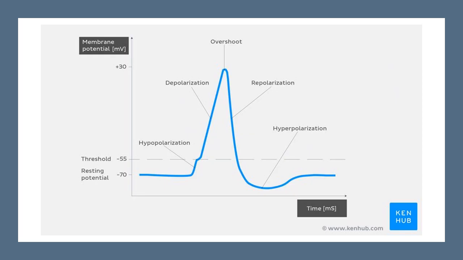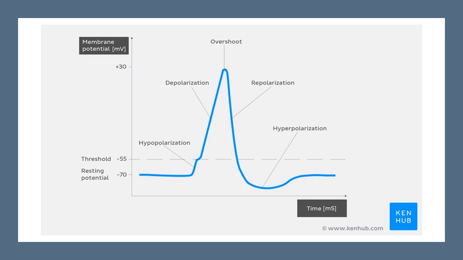We can see in this image the stimulus providing enough depolarization to meet the threshold. This allows for that surge of sodium to enter through voltage-gated channels, continuing to depolarize until it reaches about +30 millivolts, when the potassium voltage-gated channels will begin to open.